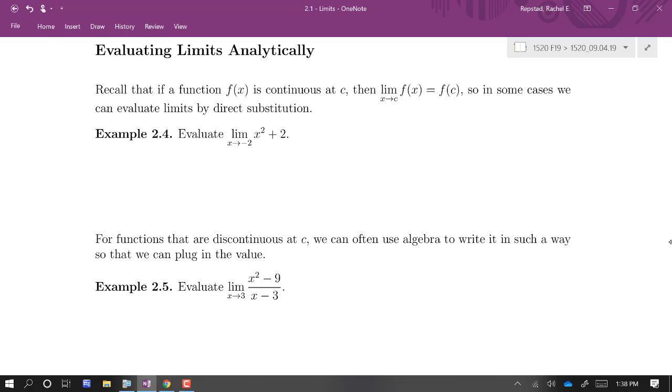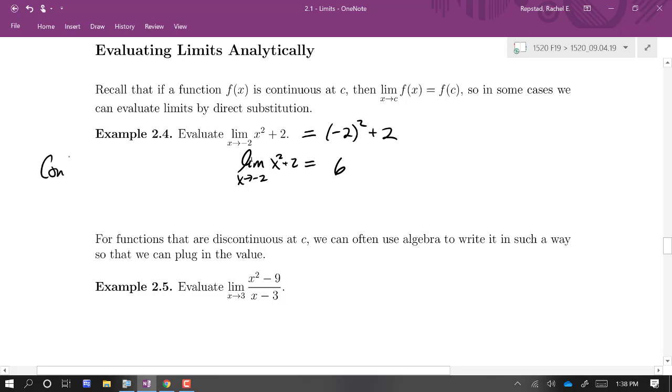So if I want to evaluate this limit as x approaches -2, all I'm going to do is plug in -2, which gives me 6. Right, this is continuous at x equals -2.